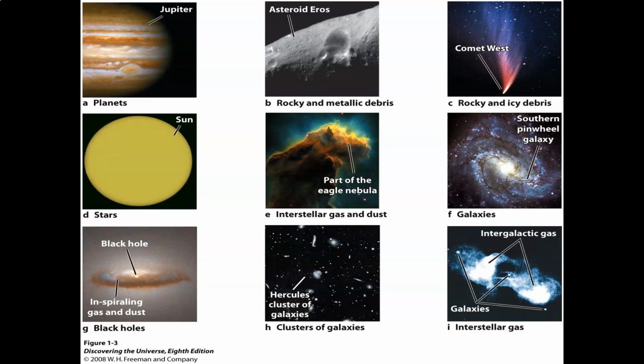And as you can see, Hercules is in a cluster of galaxies. So galaxies, gravity tends to pull everything together, and so gravity is putting all the mass of the universe together.